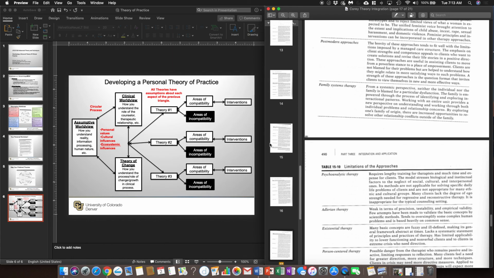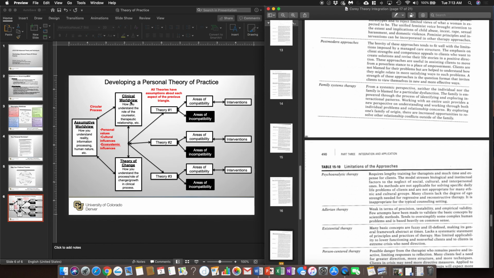So if you were to really take the time to walk through this process, answer the introductory questions, and answer the questions from the Trescott self-assessment, you would have a pretty good handle on what your worldview is about reality, information processing, and human nature.